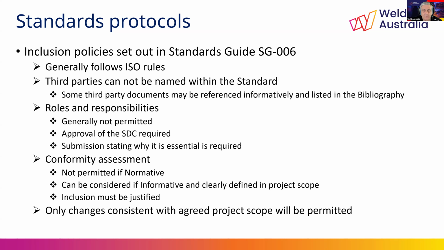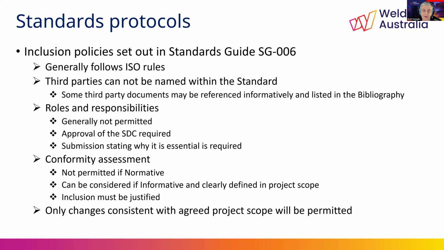Now, Standards Australia policies for the revision and publication of standards can be found in their Standards Guide SG-006. That's publicly available, but in general, the guiding principles are shown on this slide. For the welding industry, where roles and responsibilities are traditionally well defined, the limitation on prescribing roles and responsibilities within standards is challenging, and roles can be assigned to some degree to the competent person.